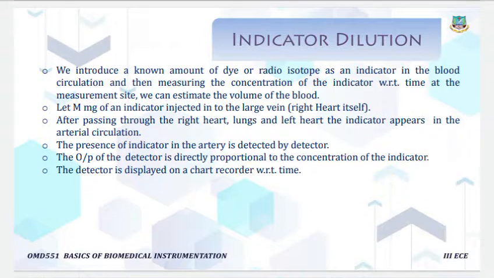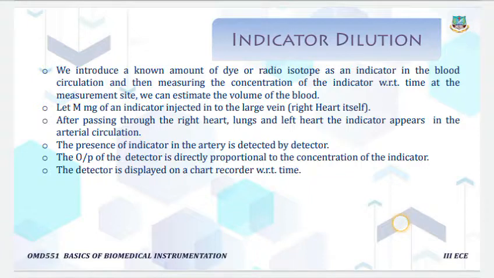Next, the indicator dilution method, also known as dye dilution. Here we introduce an amount of dye or radioisotope as an indicator into the blood circulation, and then measure the concentration of the indicator with respect to time at the measurement site.